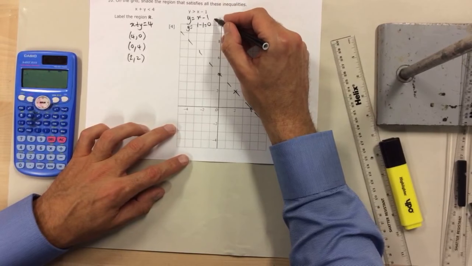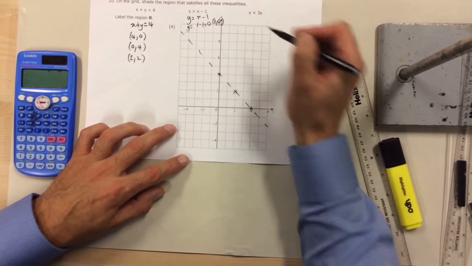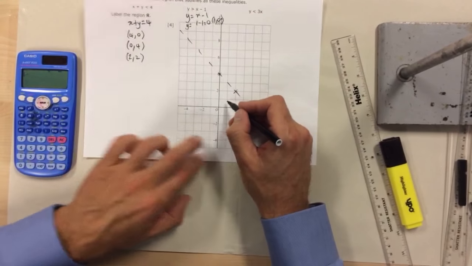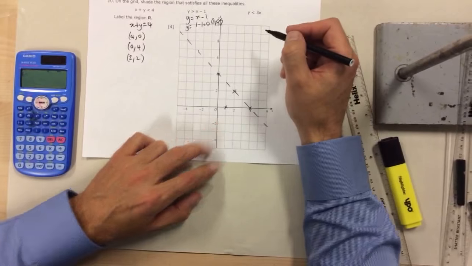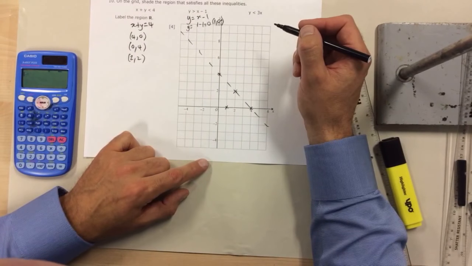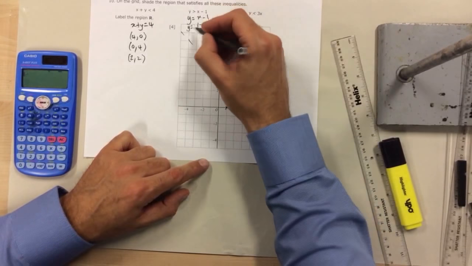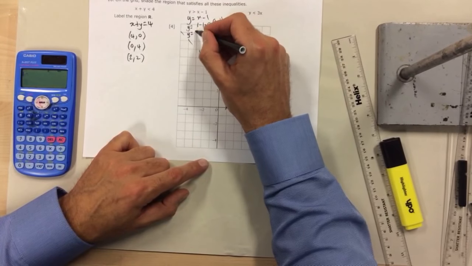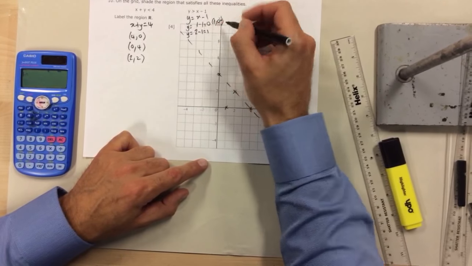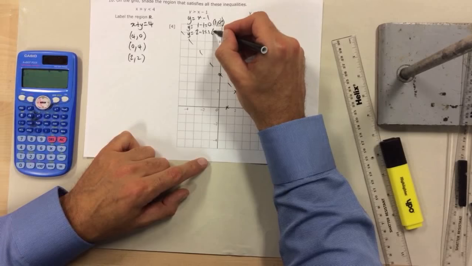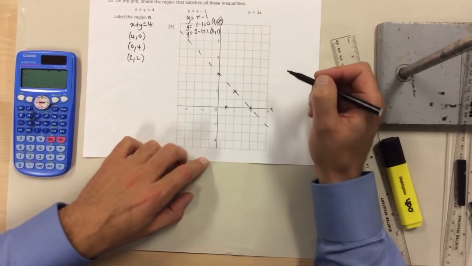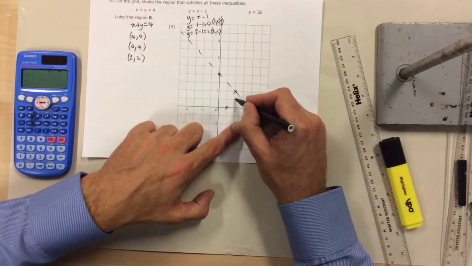So when x is 1, y is 0. You can plot that point, 1, 0 goes here. If x is 2, y equals 2 minus 1, which gives me 1. So if x is 2, y equals 1. I can plot that point 2, 1.